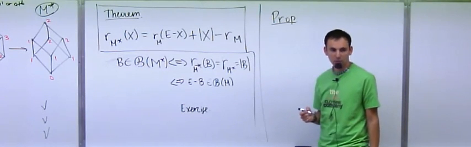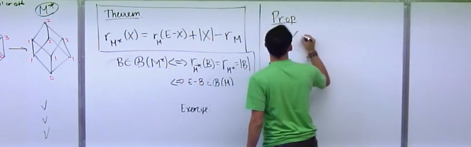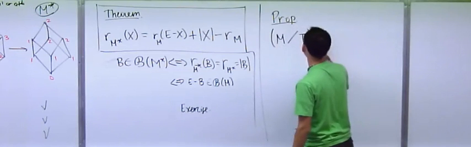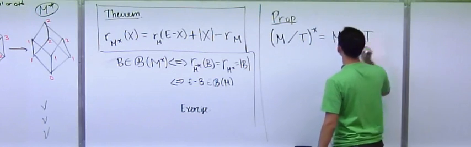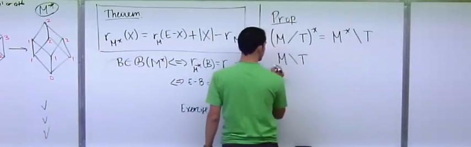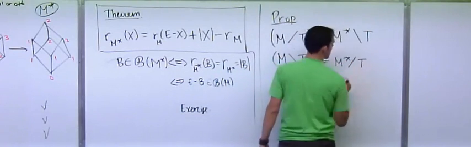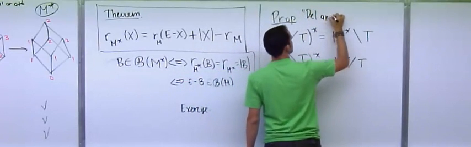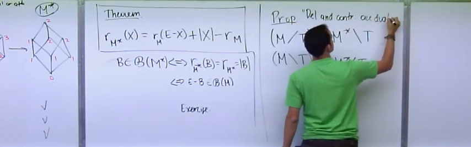And that is the homework. So if you contract T and take duals, that is the same thing as taking the dual and deleting T. And if you delete T and take duals, that is the same thing as taking the dual and then contracting T. So in other words, deletion and contraction are dual operations.